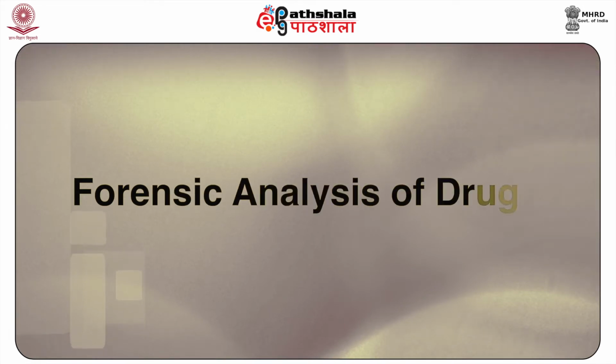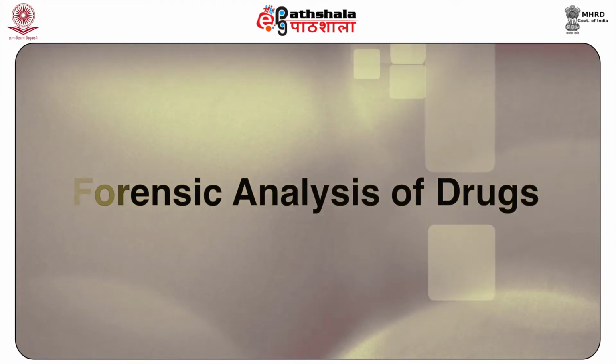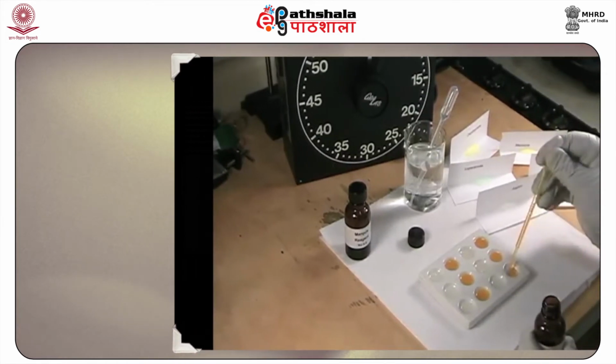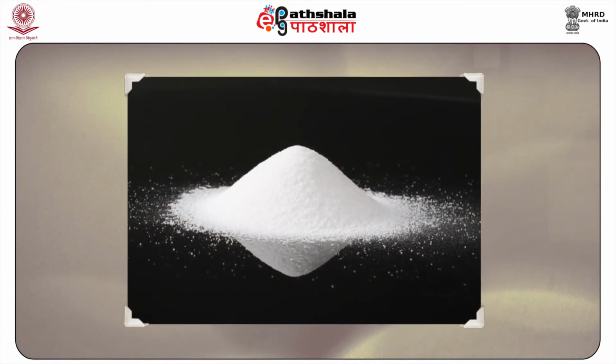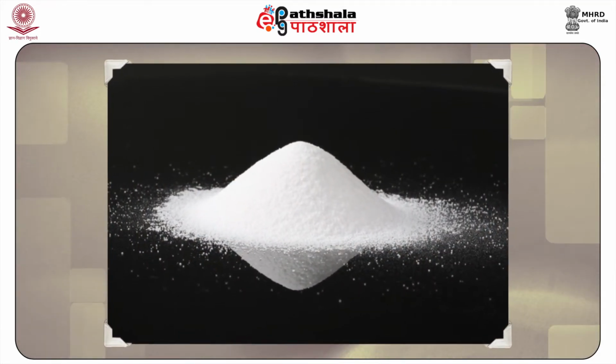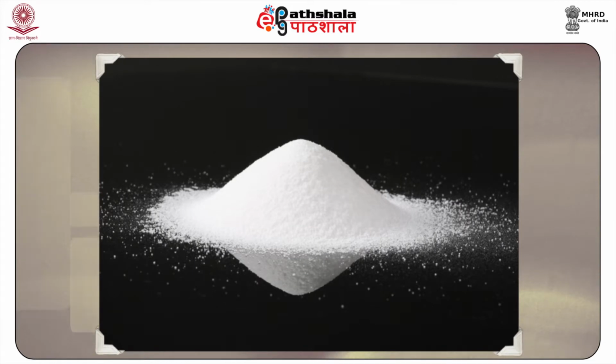Now moving on to forensic analysis of drugs. In order to meet the legal requirements, the forensic analysis of such drugs proceeds from screening tests to more specific confirmatory tests. Suppose a white powdered sugar is obtained from the scene of crime.